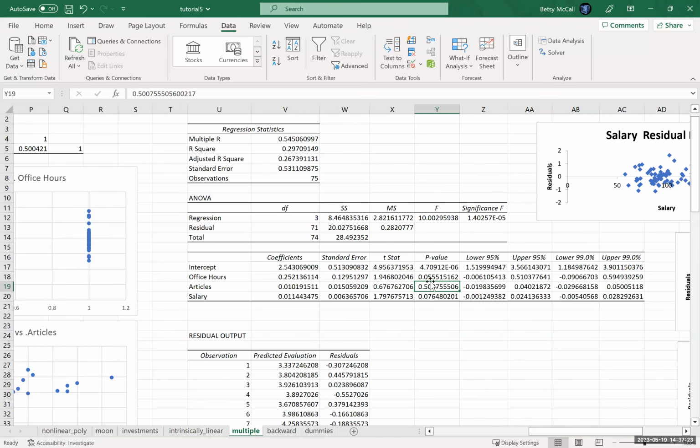Now, in fact, as it turns out, all of our coefficients here are way too high. They're all over 0.05. But as we'll see in the backward selection process, you don't want to go and dump all of your variables just because you have one analysis that has them all over 0.05.